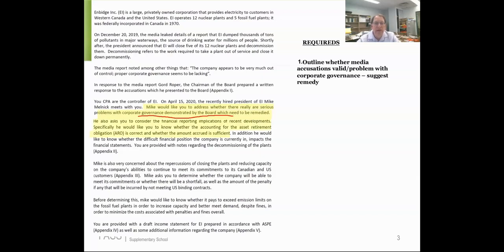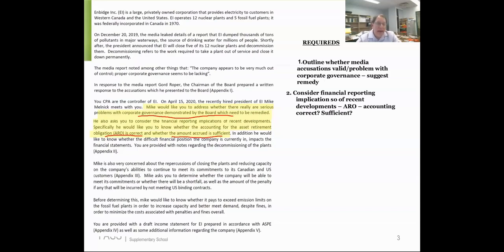Then we got financial reporting, and we tell you the issue. So the issue is asset retirement obligation. He wants to know if it's correct and whether the amount accrued is sufficient. So consider the implications, recent developments, and whether the ARO accounting is correct, and the amount accrued is sufficient. So everybody should realize we are being unbelievably nice here.